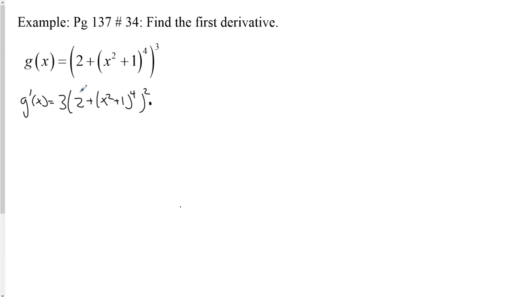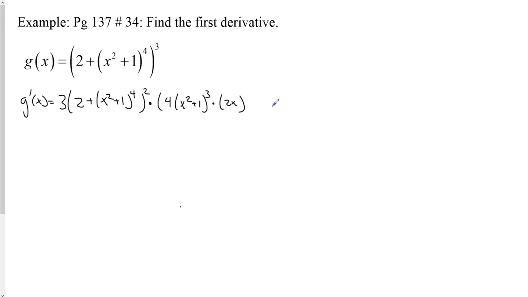Well, the derivative of a constant 2 is 0, and then the derivative of this function, I'm going to need to do, again, a general power rule on this x squared plus 1 to the 4th. I bring my 4 down, I get my x squared plus 1. It's now to the 3rd power. And now I have to multiply this thing times the derivative of the innermost function, x squared plus 1, which is just 2x.